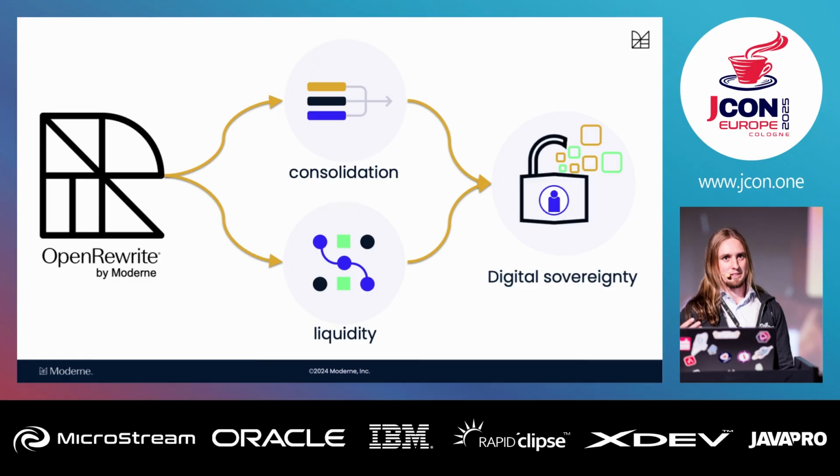Because if you're able to move your code or your implementation details and able to consolidate on one standard, you're able to migrate between clouds, because you're no longer dependent on AWS or Google or Azure, because you can move away from them very easily. With which tool have I done it? With OpenRewrite.